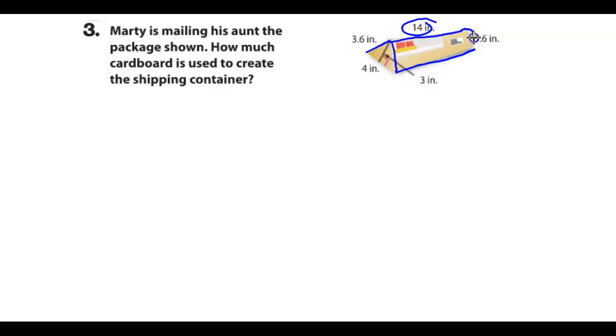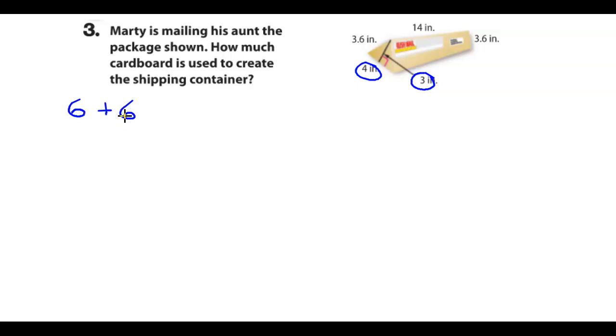Okay, so I'm sorry, 3.6 by 14 is what I should have said. Okay, so let's go ahead and pop in the numbers. So again, for the front, we have 4 times 3, which is 12, and half of 12 is going to be a 6. So I'm going to have a 6 for the front, and a 6 for the back.